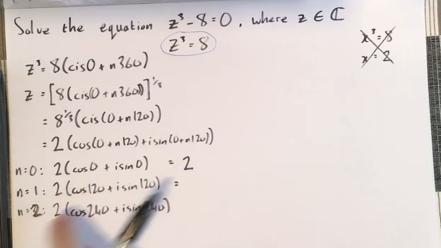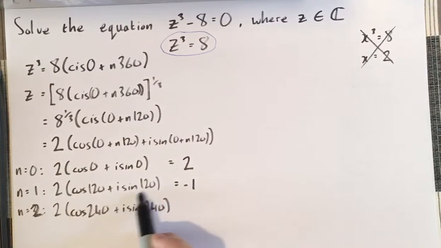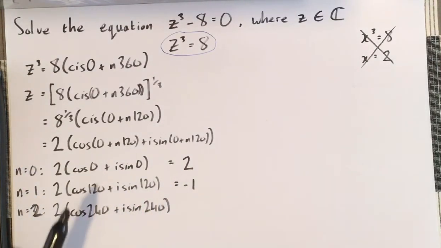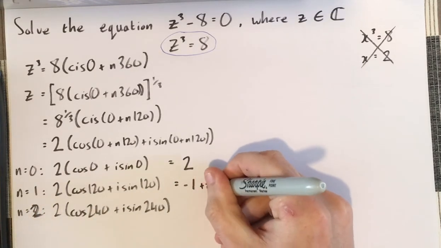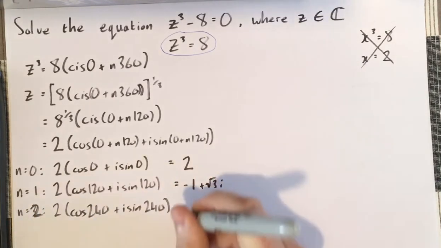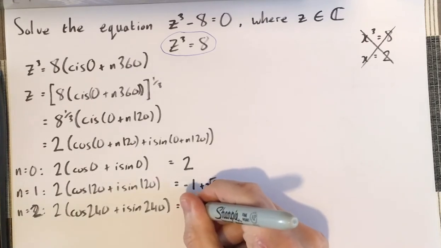Then cos of 120 is minus a half, multiplied by 2, I get minus 1. The sine of 120 is root 3 over 2, multiplied by 2, just root 3, so plus root 3i. And the last one: the cos of 240 is minus a half, multiplied by 2, I get minus 1.